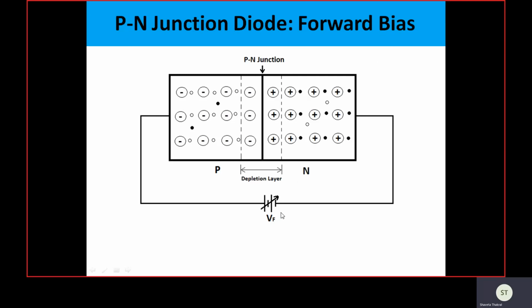When an external DC potential is added such that the P type extrinsic semiconductor gets the positive supply and the N type extrinsic semiconductor gets the negative supply, that means the positive terminal of the battery is connected to the P type and the negative terminal is connected to the N type extrinsic semiconductor.